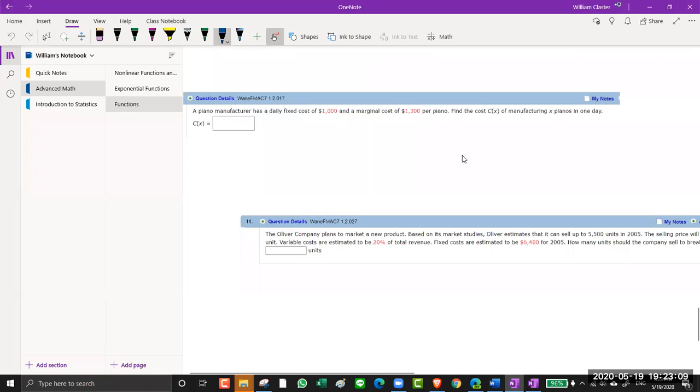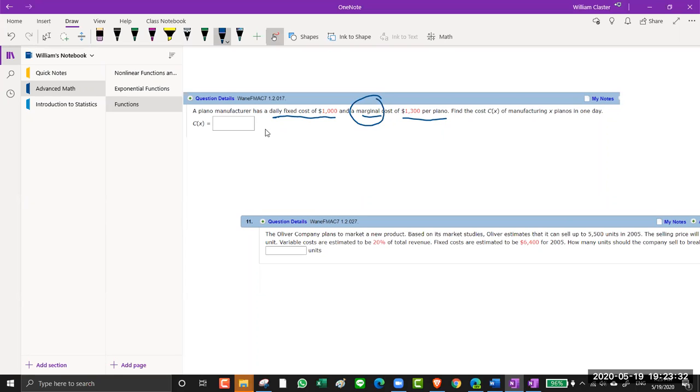It says a piano manufacturer has a daily fixed cost of $1,000 and a marginal cost of $1,300 per piano. We didn't really talk about this word marginal that much, but in this context it means the cost per piano.